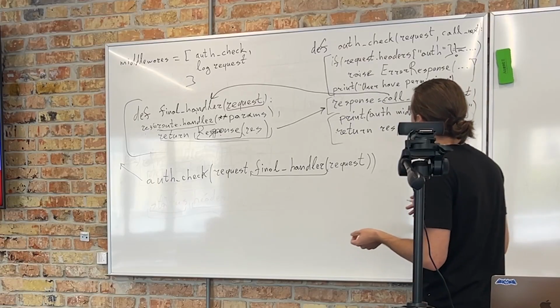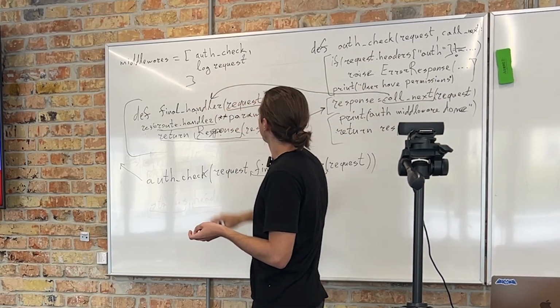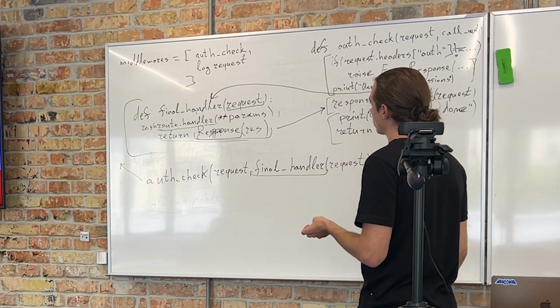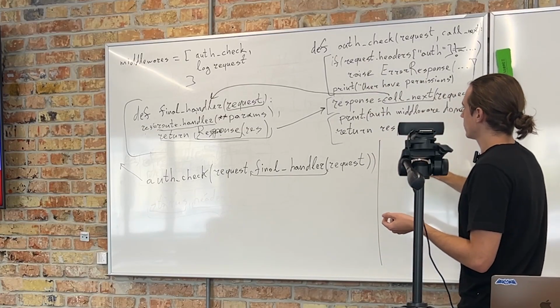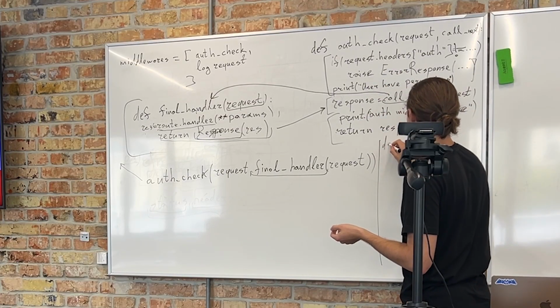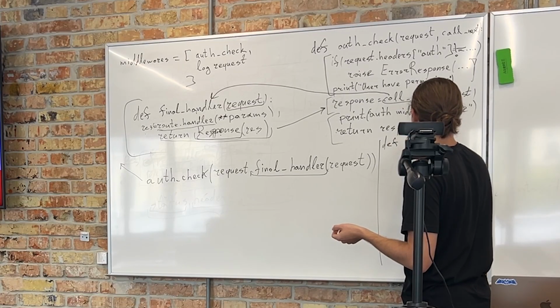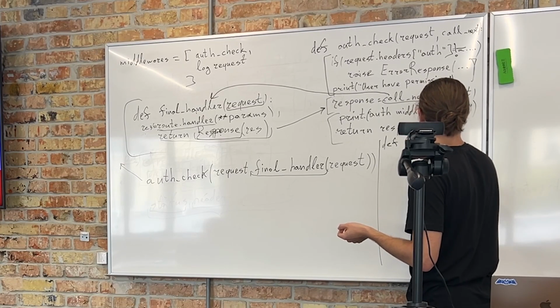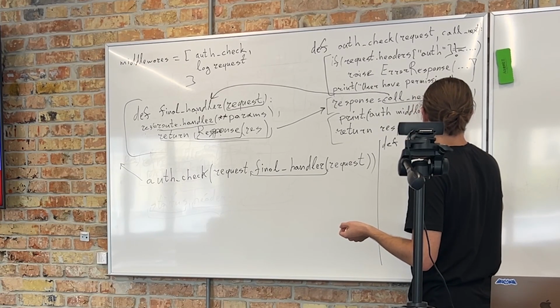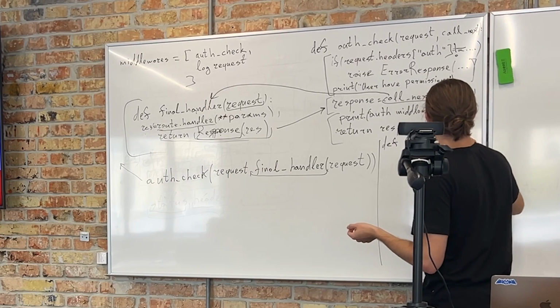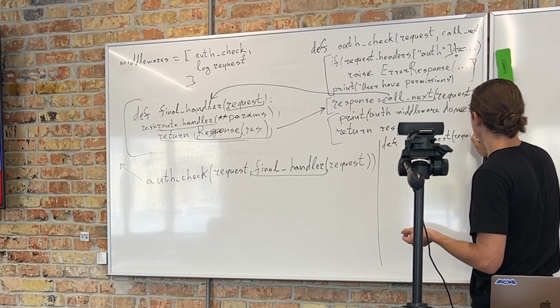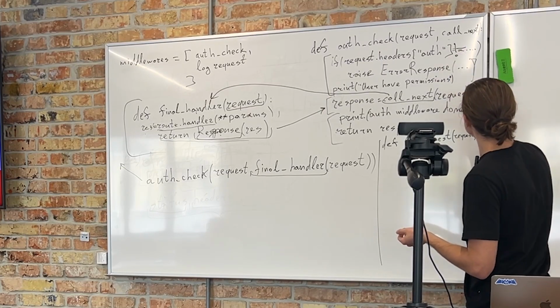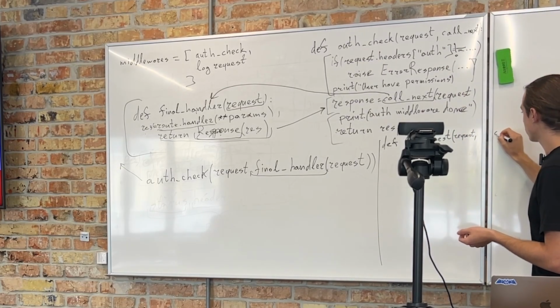Okay. For example, we also have a log request. Let's create log request here. So def log_request. Also, we have a request, and also we have call_next.